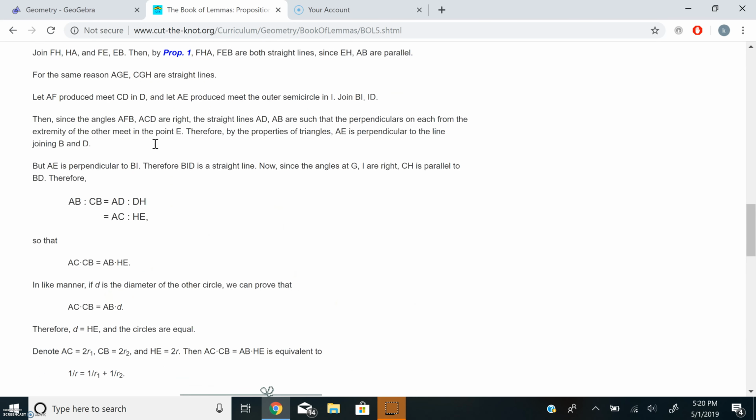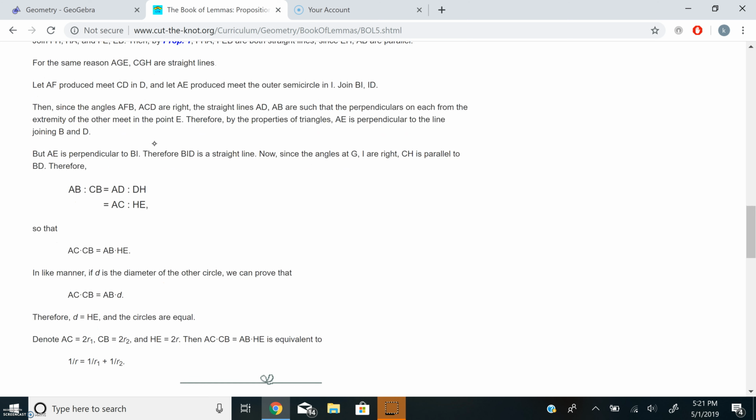And then because of this, we can cross multiply and figure out that AC times CB is equal to AB times HE. So in like manner, if D is the diameter of the other circle, we can prove that AC times CB is equal to AB times D. Therefore, we see that D is equal to HE.